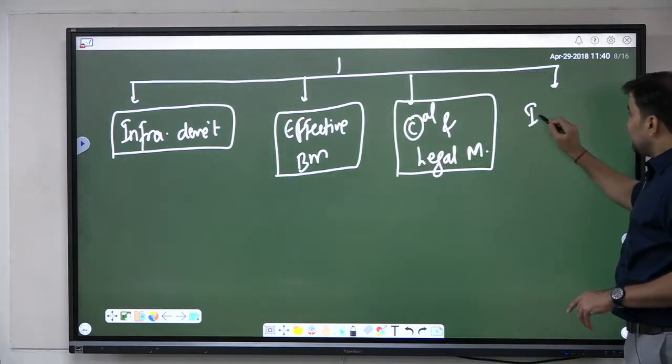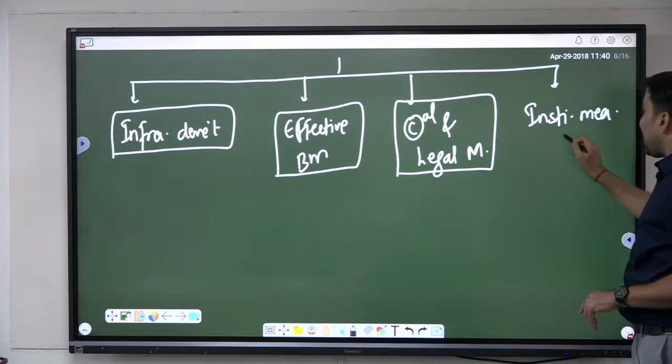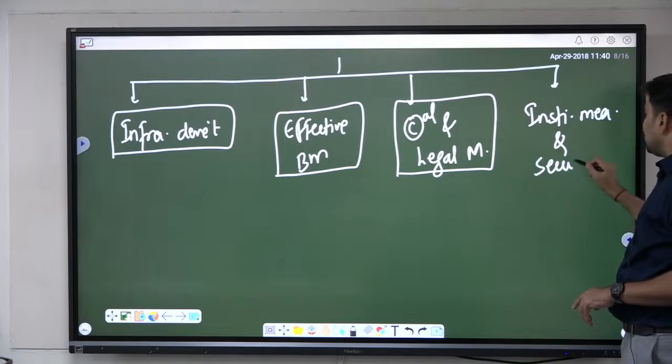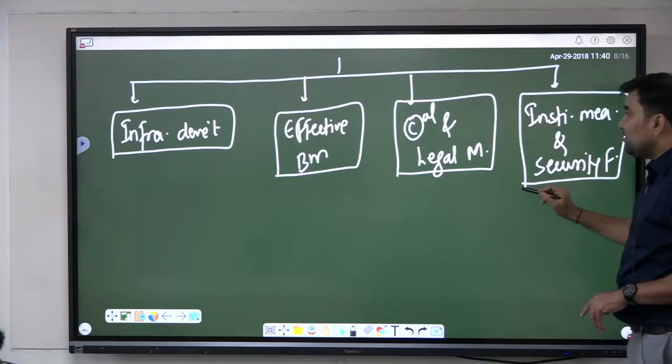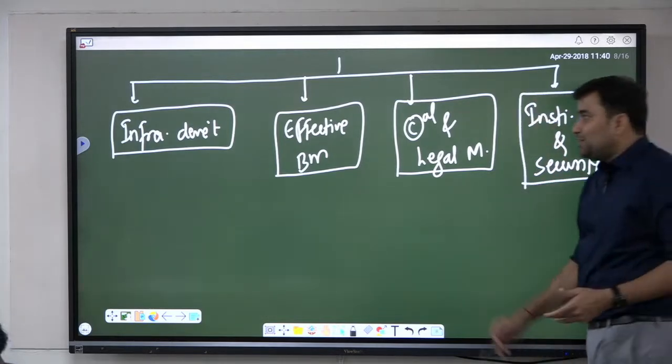Then institutional measures and security forces based measures, both I am clubbing here. Okay, so these are the 4-5 areas where you have to take the measures. Let us try to understand here.